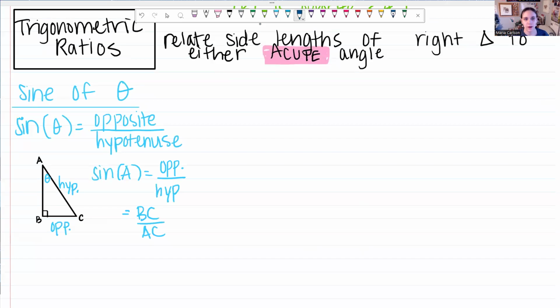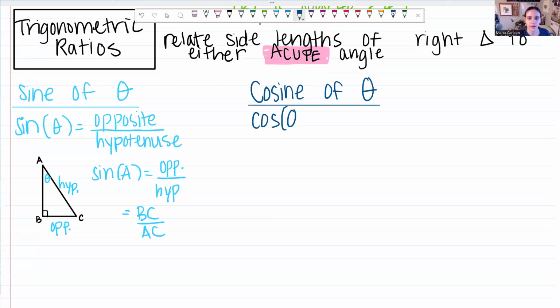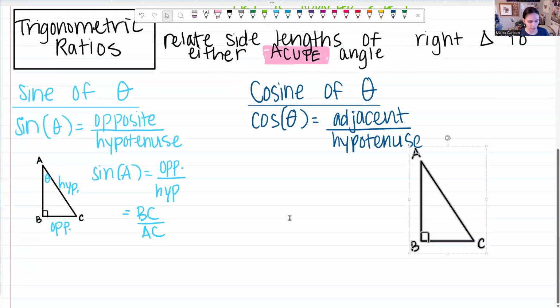All right, let's talk now about cosine of theta. And either acute angle could be theta. So I could find the sine of C. That would be like the opposite AB over the hypotenuse still, which is AC. So the cosine of theta, abbreviated COS, of that angle theta, is always the adjacent side over the hypotenuse. So here's that triangle again.